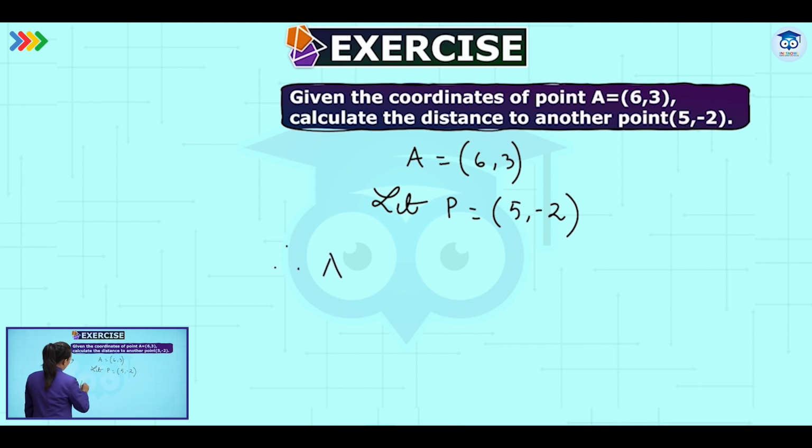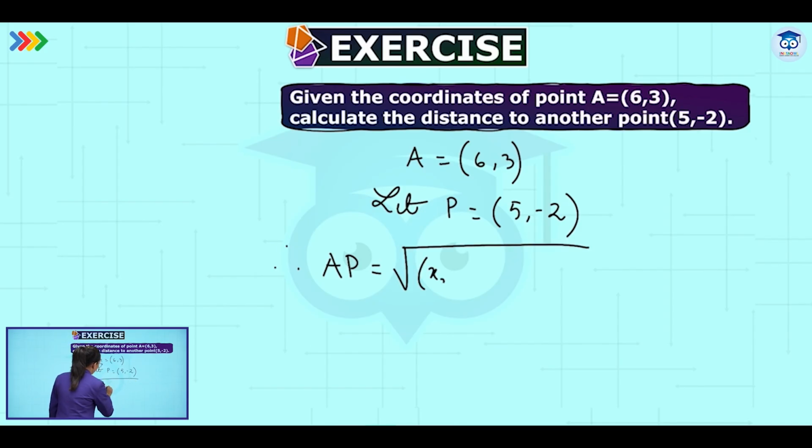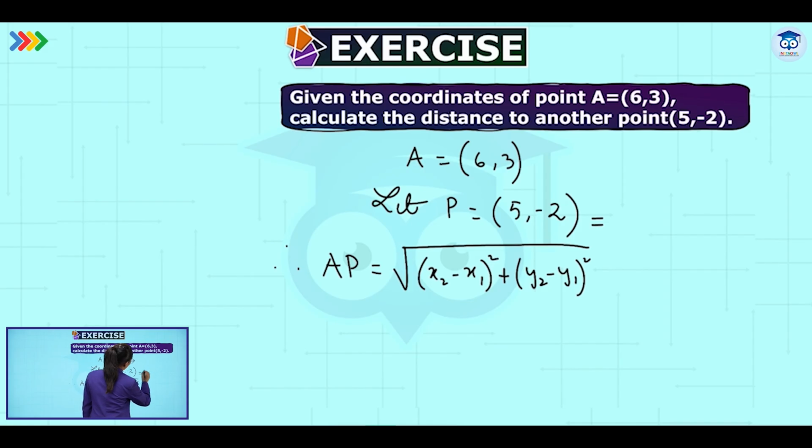Therefore, AP is equal to the square root of x2 minus x1 whole square plus y2 minus y1 whole square, considering this as point x2, y2 and this as x1, y1.